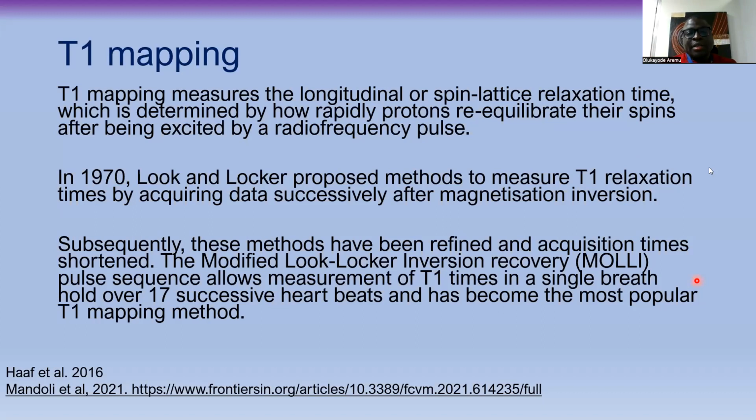There is a sequence or method called Look-Locker, proposed then. These methods measure T1 relaxation time by acquiring data successively after magnetization inversion. As a result, they have refined these methods to shorten the acquisition time. I believe that is still ongoing now. I think in 2017, there were some people.